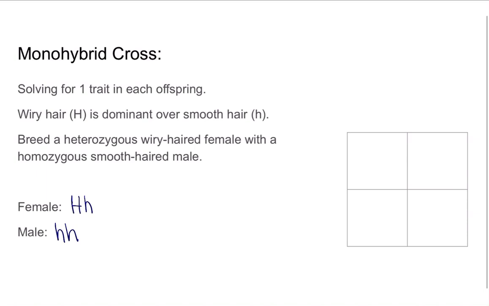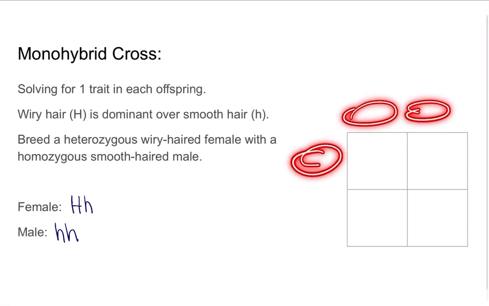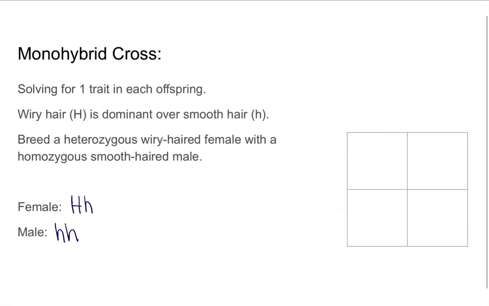So next, we need to put this in our spots on our Punnett square. Let's say female always goes on top, and we're going to split each of these letters to go on top of each individual box. So we're going to have a big H, little h, and on the male side we're going to have a little h, little h.